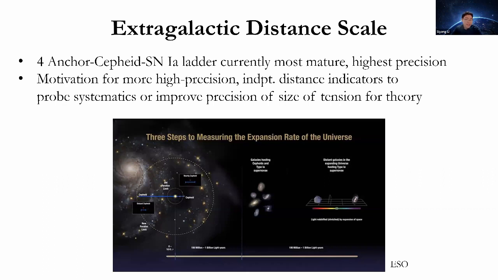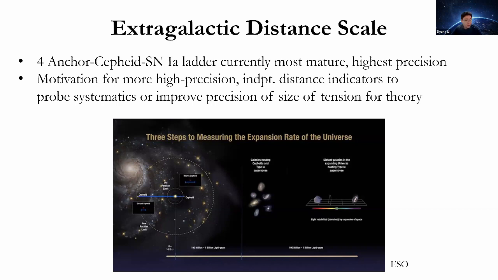Now, when we construct an extragalactic distance ladder, we first want to calibrate the intrinsic luminosity of our standard candle, such as Cepheids in this case. We do this using geometric distances to galaxies that host Cepheids. In our case, we have 4 galaxies with which we can do this. I'm going to call these anchor galaxies.